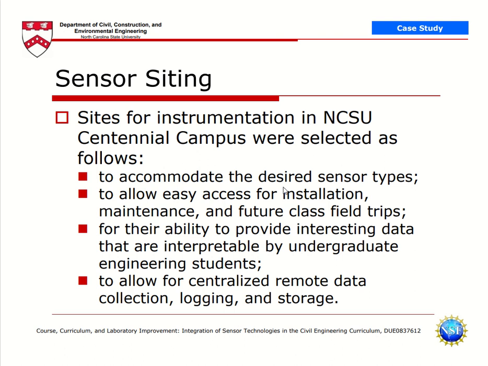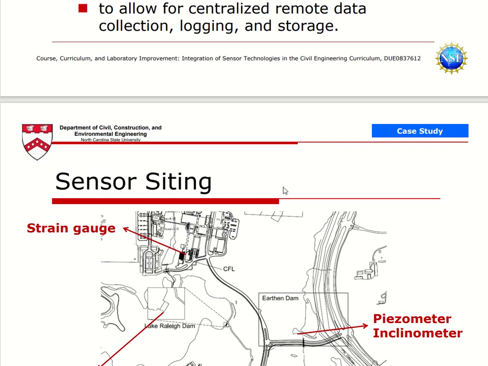Then they checked their ability to provide interesting data that is interpretable by the students who are studying them, so it should be easy enough. And they discussed whether it allows centralized remote data collection, logging, and storage or not. Based on that, they selected the siting of their sensors.